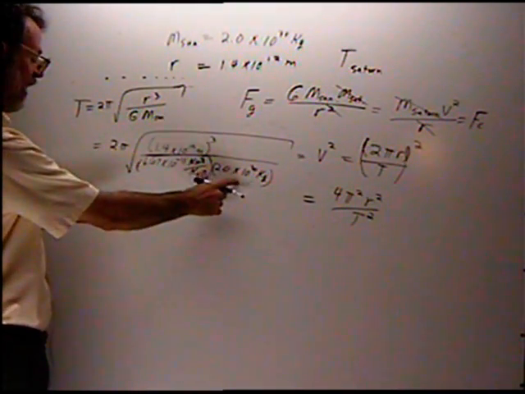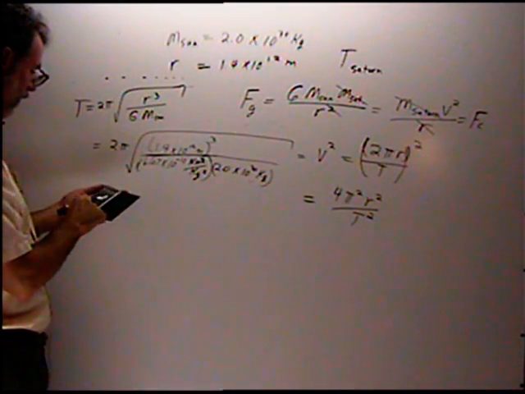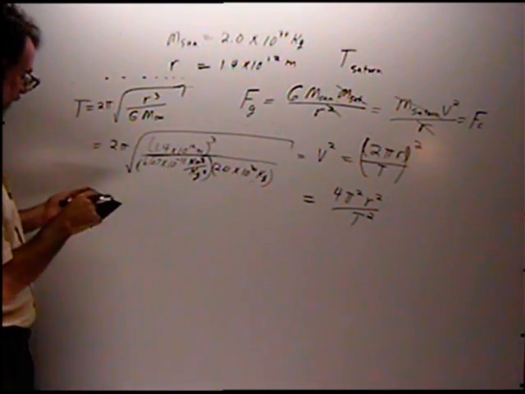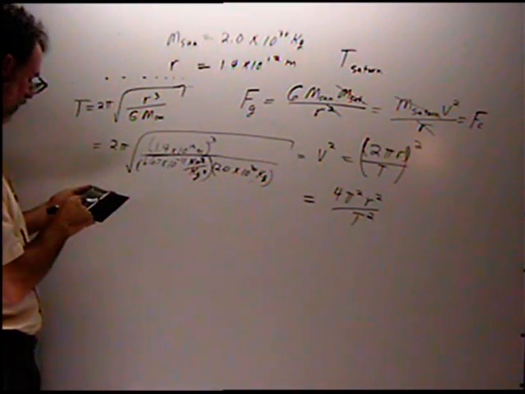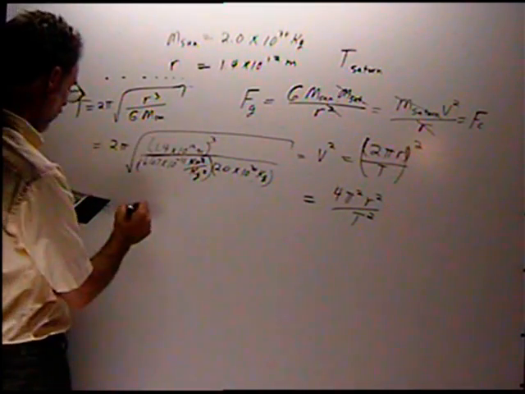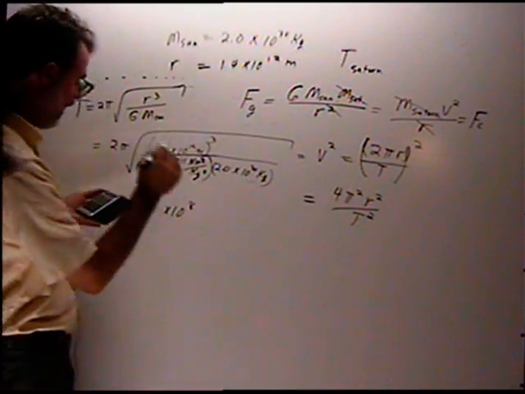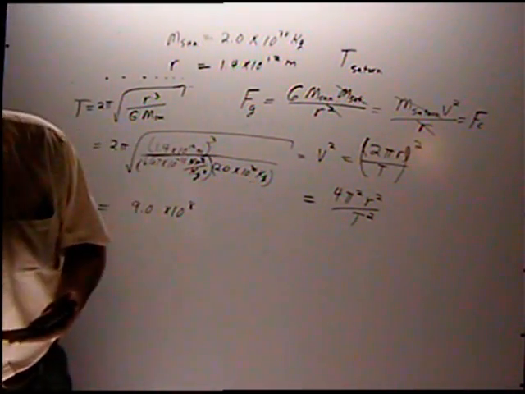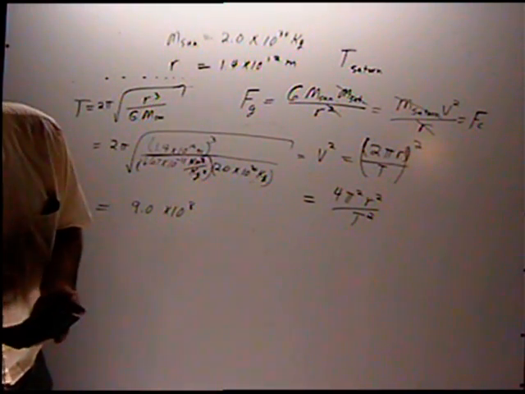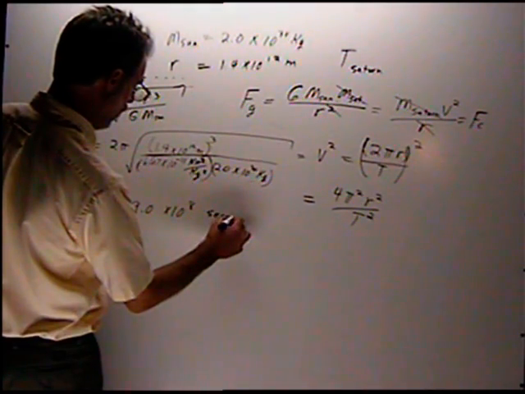Then I divide by the mass. Then I take the square root of all of that. Then I multiply by 2 and times pi. And I end up with 9.0 times 10 to the 8th, and this is seconds.